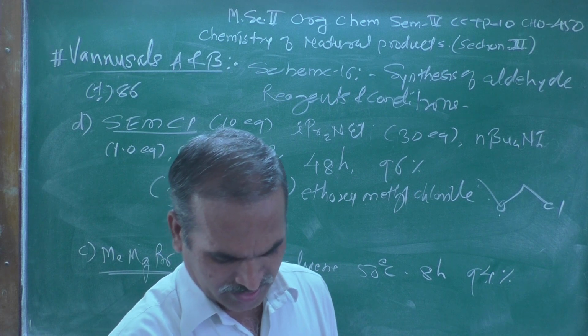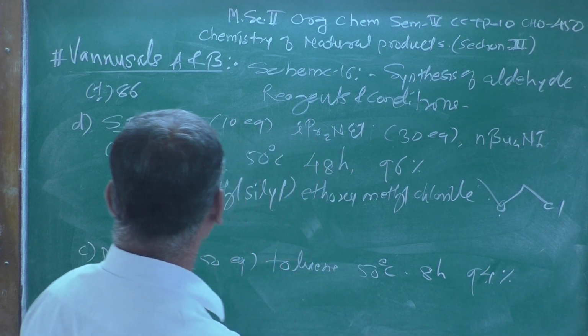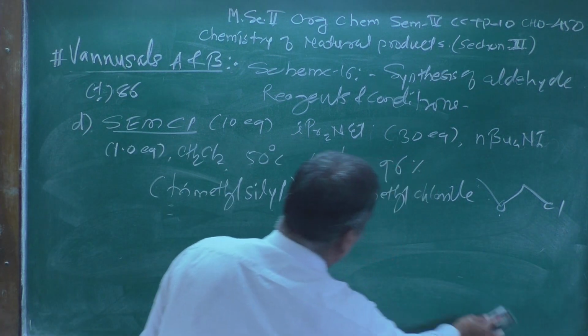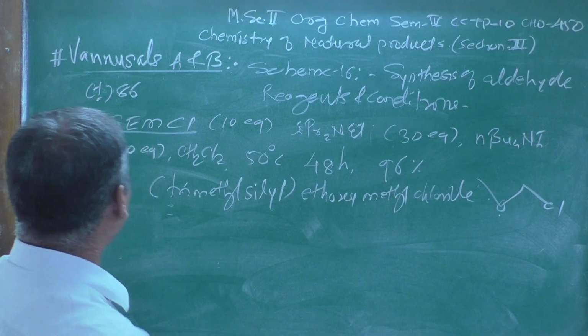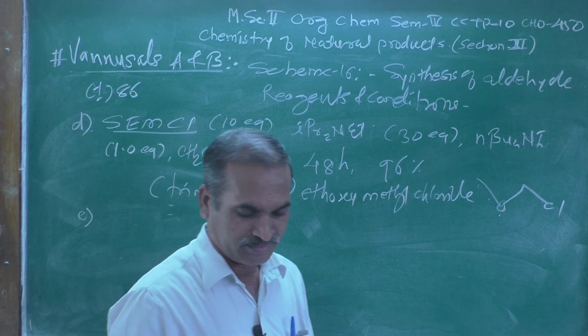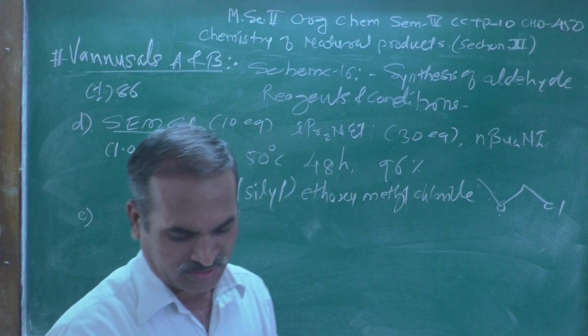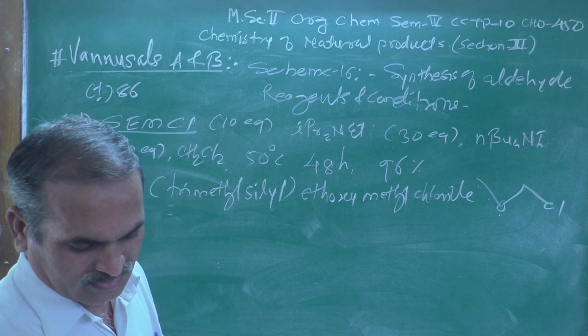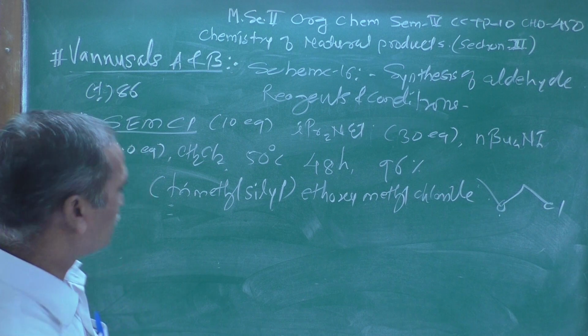Now after that, let us see the next reagent, E, following D. These are alphabetical letters generally used during this synthesis, so we are following the same protocol over here.